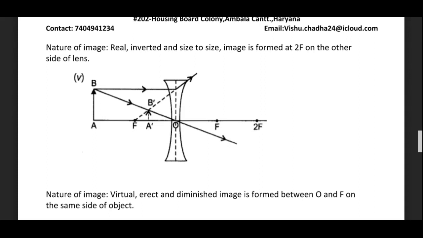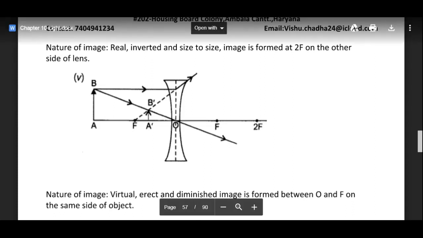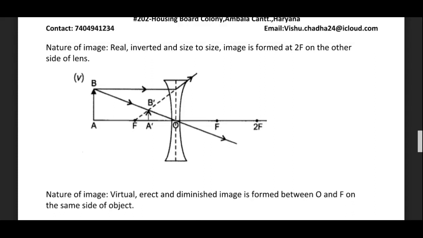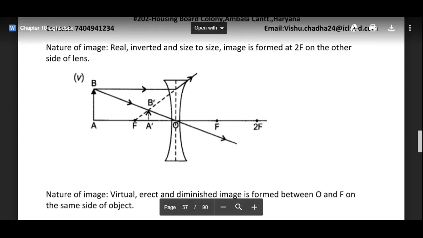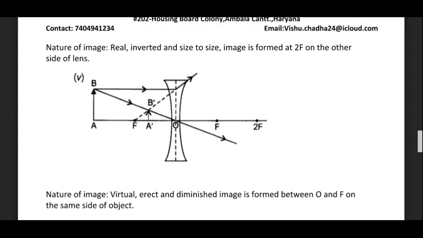The other ray will go through the optical center and go straight. The image of the object will be formed over here, where both the rays intersect each other. That is between the pole, or you can say optical center, and the focus, right?